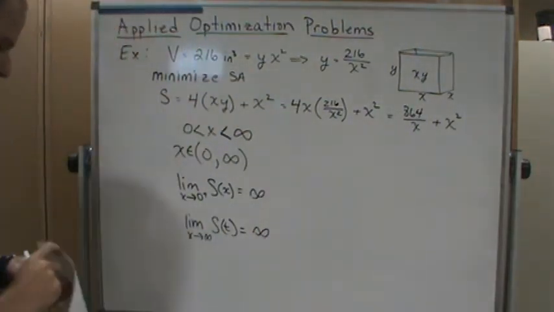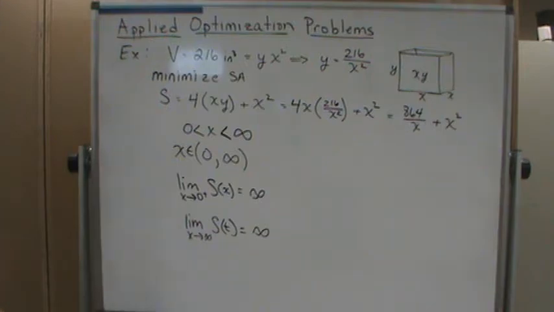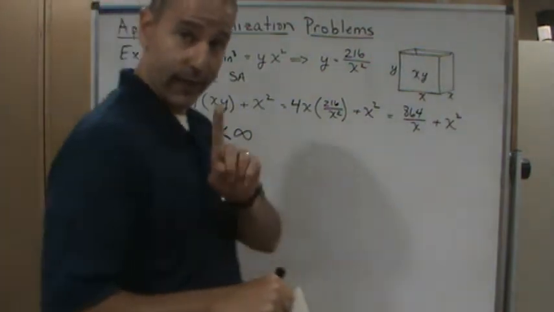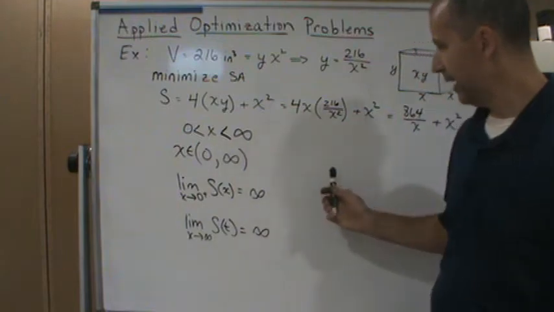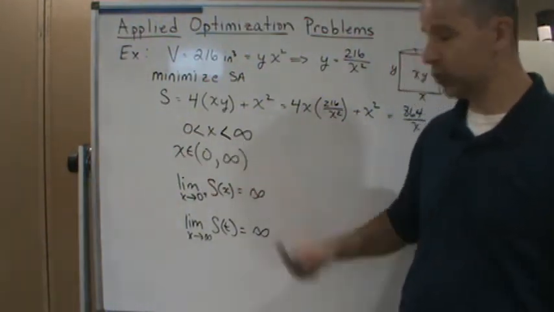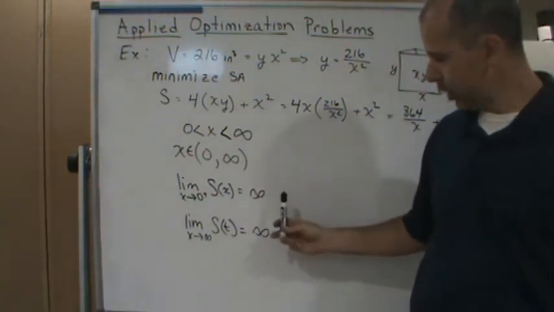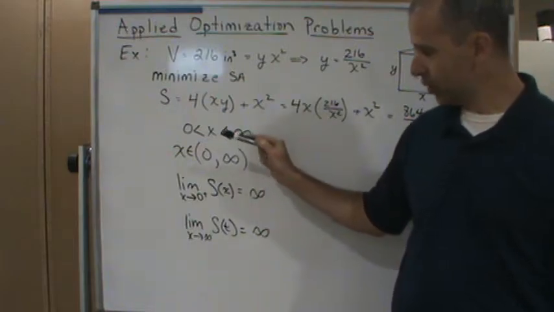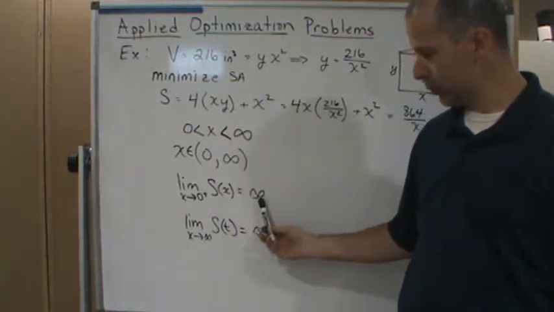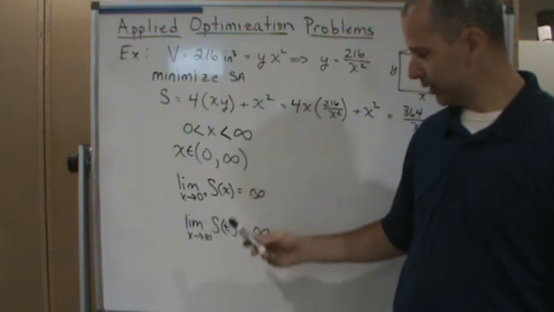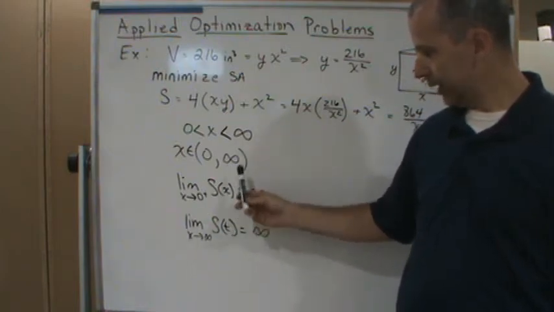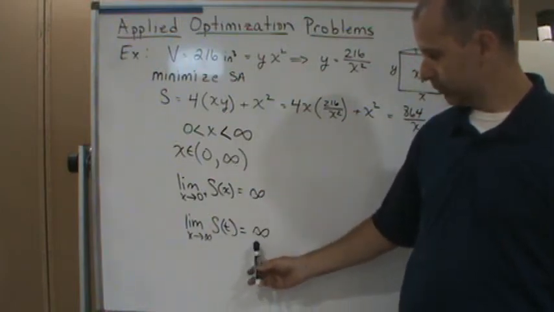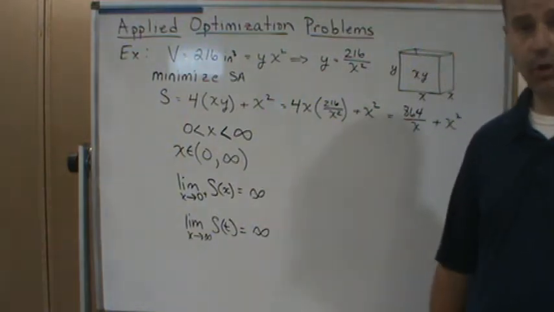Well, here's where it gets interesting. We've got a continuous function, and that's key. It's a continuous function on the domain from 0 to infinity. We know that as you get closer to 0, it goes to positive infinity, and as x gets closer to infinity, S goes to infinity.